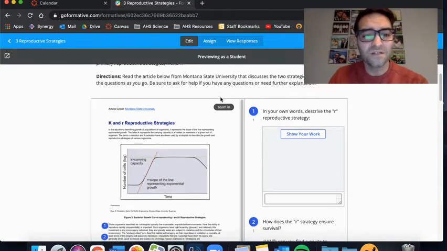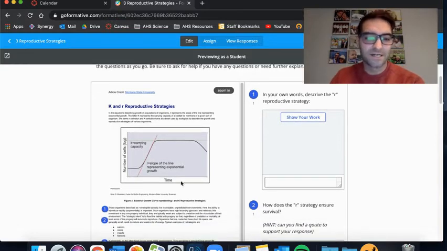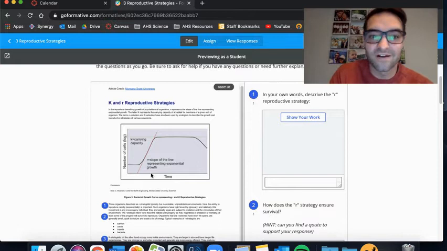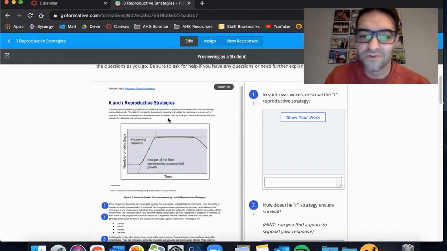Looking at the two strategies and this reading, another thing I want to say: this article was not specifically about teaching K and R reproductive strategies. You're going to see that the discussion is about biofilm and a little bit of microbiology, where they're looking at bacteria and so forth.